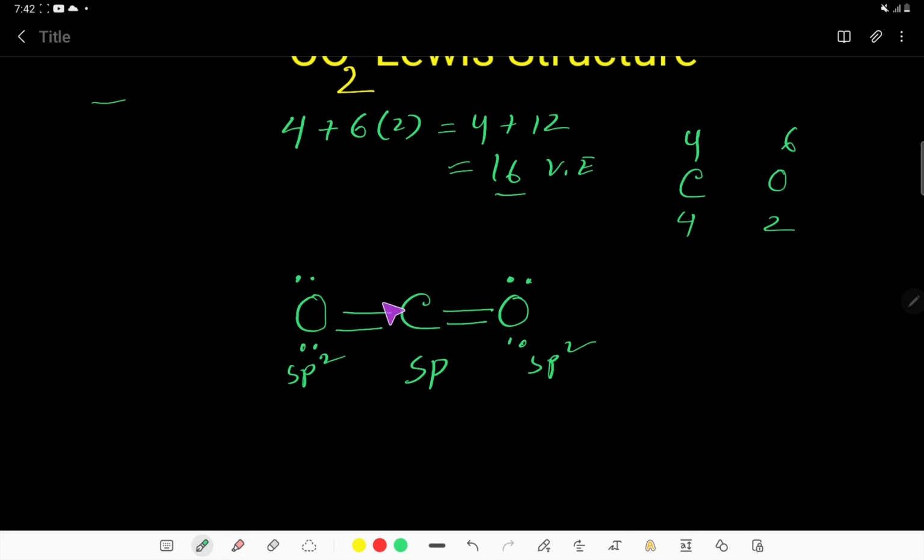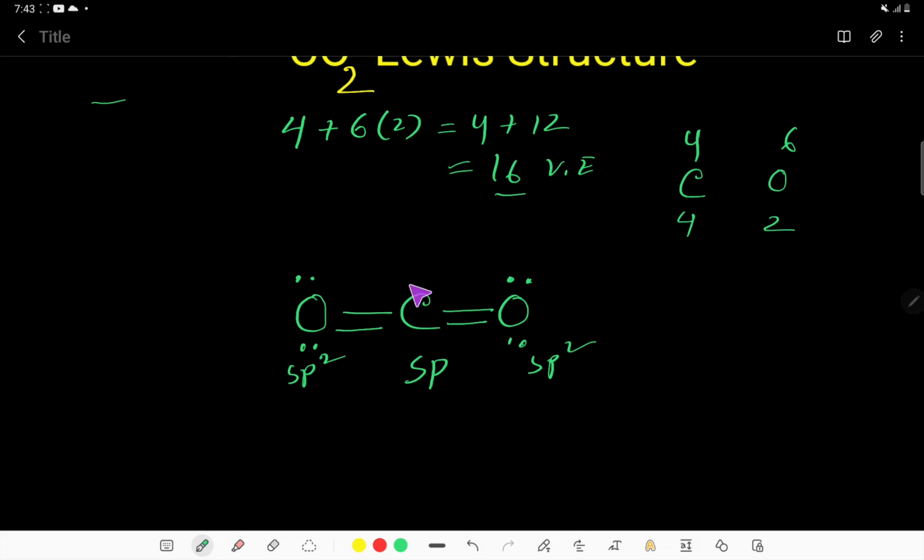That is, we have to consider the pi bond as a sigma bond. That is, here we have 1 sigma bond, here we have 1 sigma bond. So 1 plus 1, that is 2, right? 2 bonds. So 2 electron regions. That is why it will be sp hybridized.